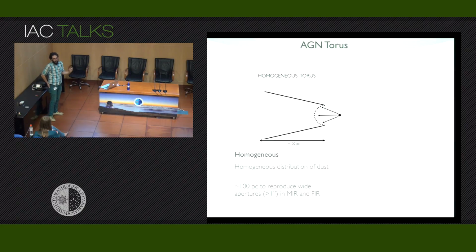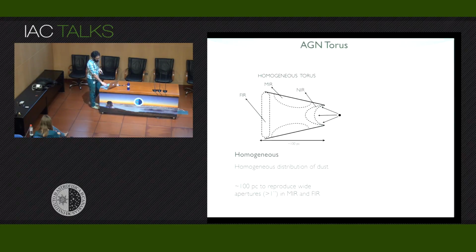In order to explain the spectral energy distribution from wide apertures bigger than 1 arcsecond in the mid infrared and far infrared, we have to extend the torus to 100 parsec. As a first toy model, it's easy to explain as a homogeneous torus, where the near infrared radiation comes from the directly illuminated face of the torus, the mid infrared from the middle part, and the far infrared from the outer part of the torus.